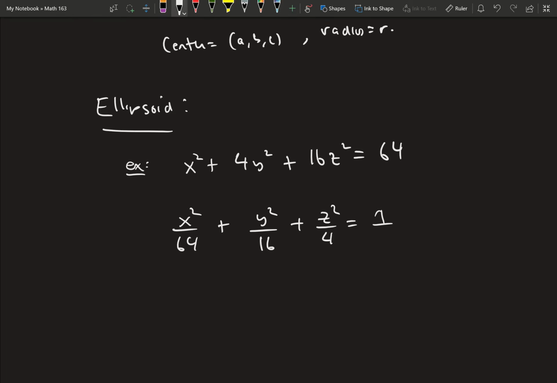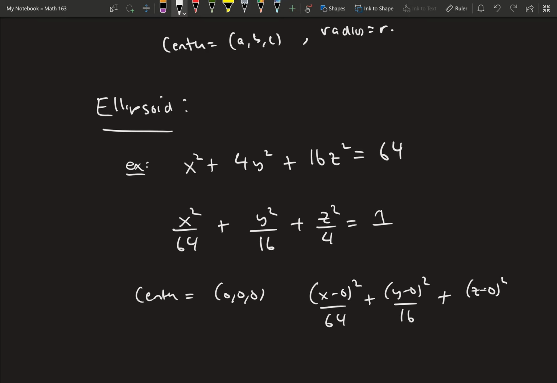So here our center point is (0, 0, 0), because we have x minus 0 squared. You can think of these as x minus 0 squared over 64 plus y minus 0 squared over 16, so on and so forth, plus z minus 0 squared over 4 is equal to 1.